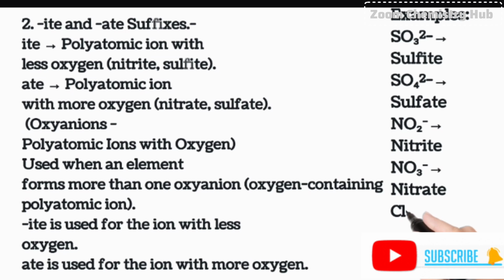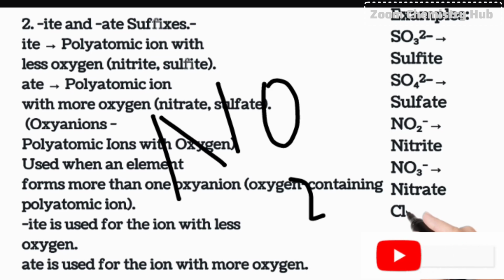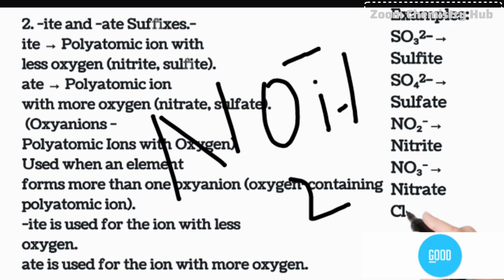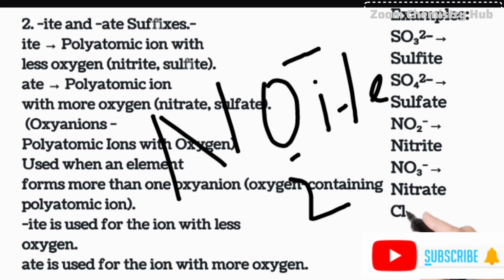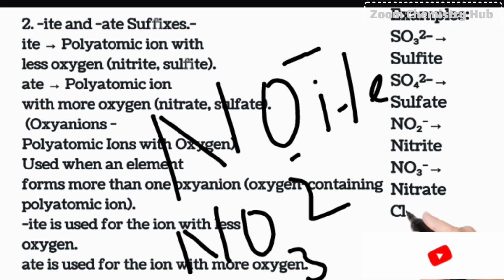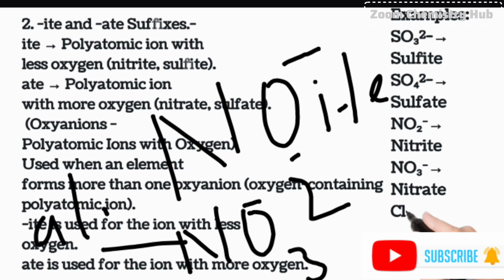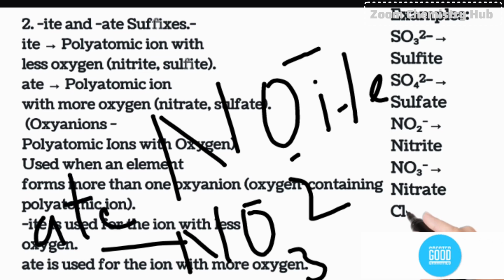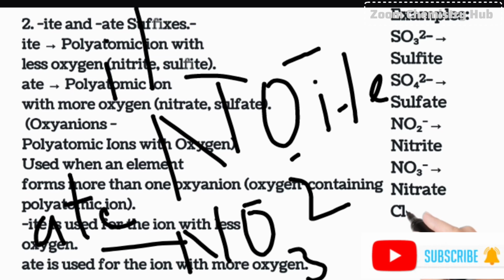Here you can see that nitrite is NO2 minus, with the ITE suffix, while nitrate is NO3 minus, which has one more oxygen, and the ATE suffix is used. Nitrite contains 2 oxygens, that is ITE.